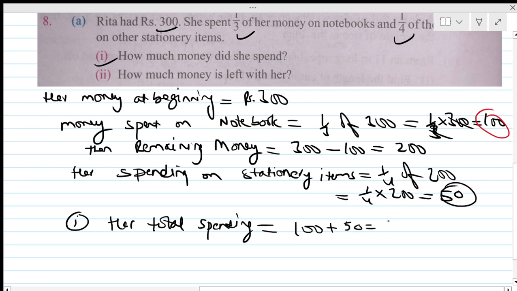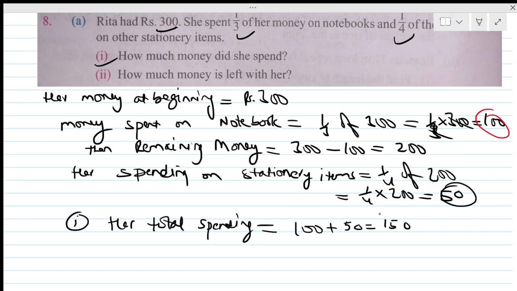So 150 rupees she has spent in total. She had rupees 300 at the beginning, and including the notebook and the stationery items, she spent a total of rupees 150.